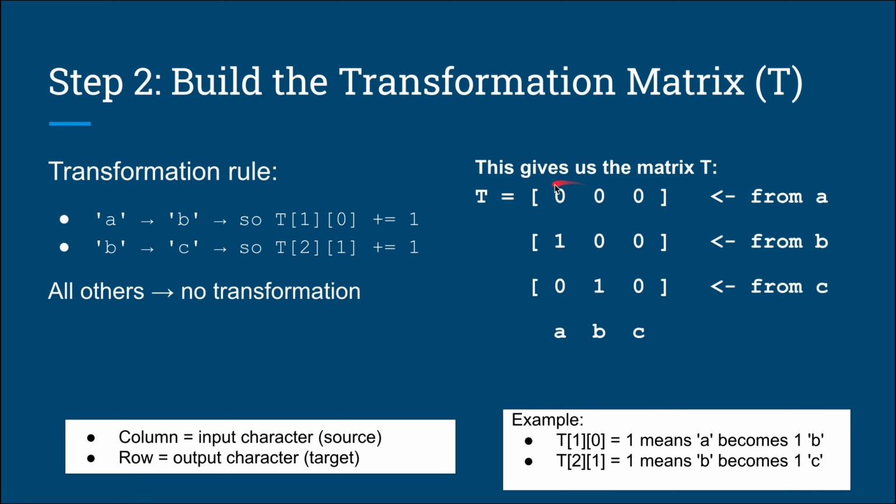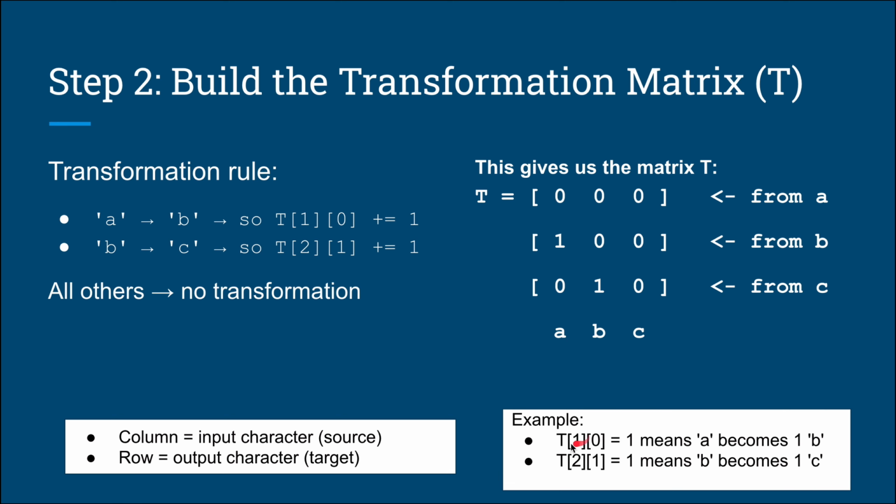So after applying these rules, what will happen? From a we will mark 0 0 0, then from b we will make 1 0 0, and from c it will become 0 1 0. Like this we will do, right?